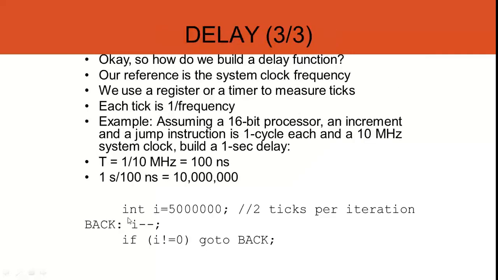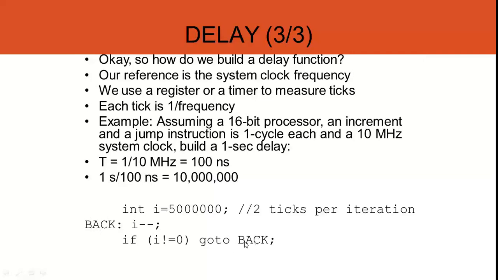Now we can have this int variable I equal to half of this value, because we'll have 2 instructions for 1 iteration. So out of this 1 crore, here we have taken 50 lakhs. So I is equal to 50 lakh. Then we are decrementing the value of I. If I is not equal to 0, we'll go back.